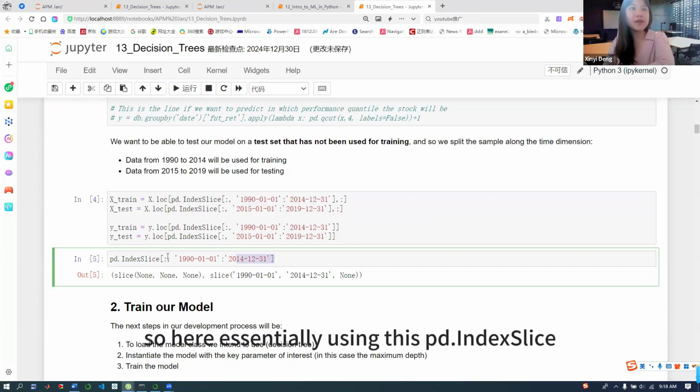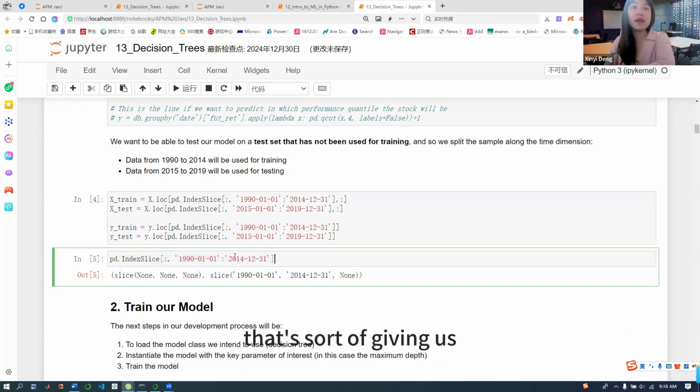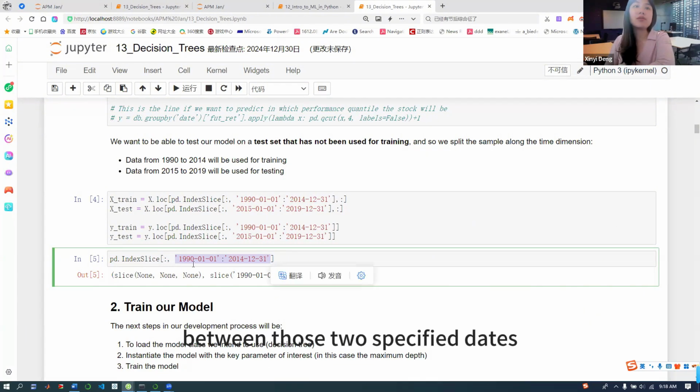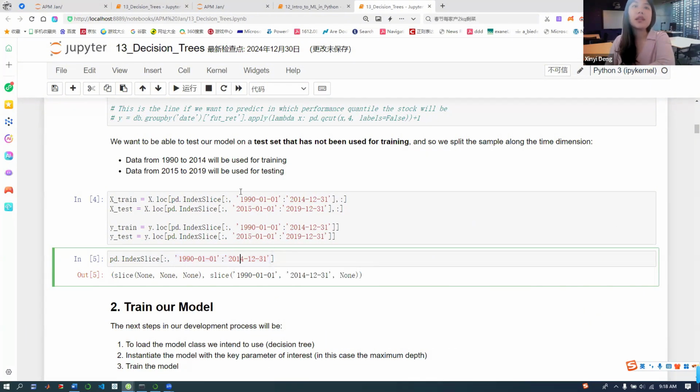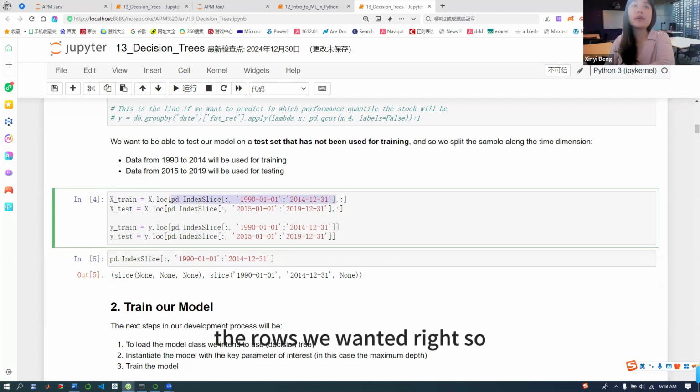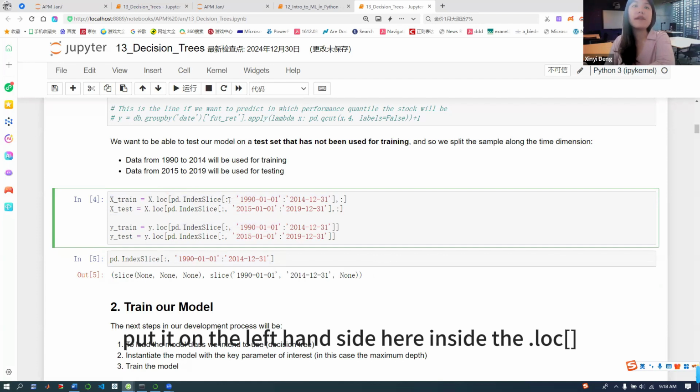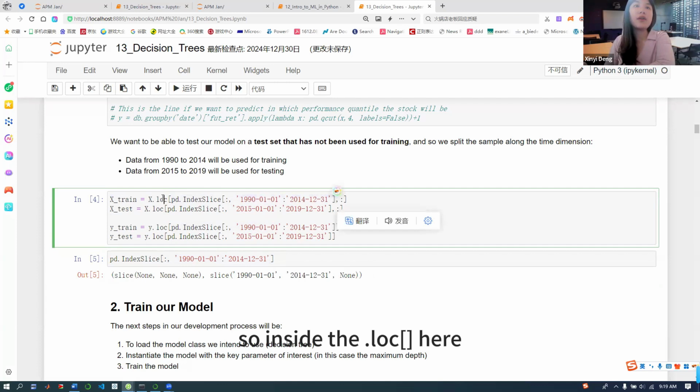So essentially, using this pd.IndexSlice gives us the index we desired. We are keeping all the stock tickers and we are keeping the dates between those 2 specified dates. That's basically the rows we wanted, right? So that's why we put it on the left-hand side inside the loc.